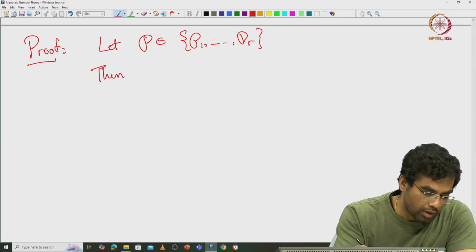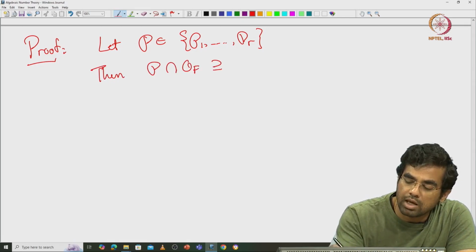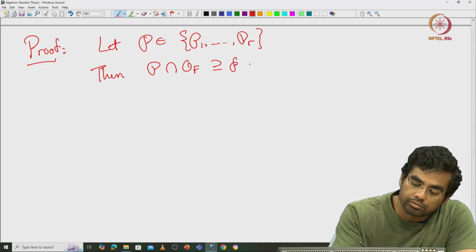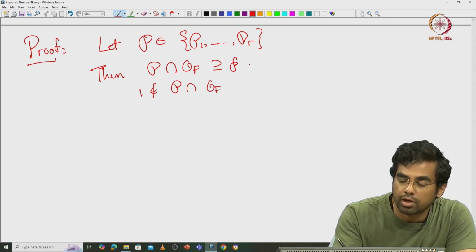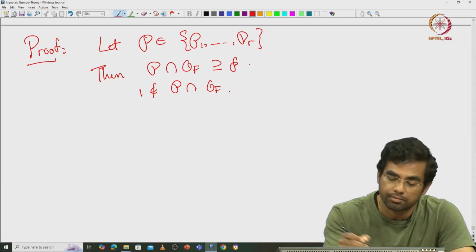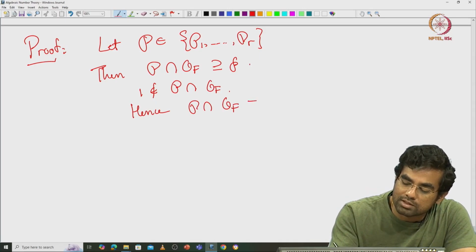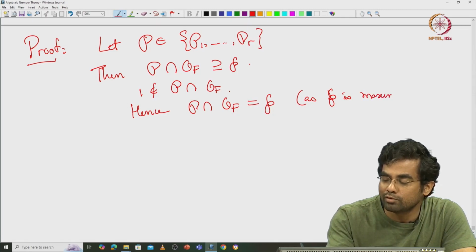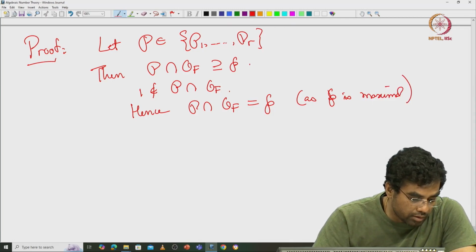Then P intersected with OF contains P, right, and 1 does not belong to P intersected with OF because 1 does not lie in P. Hence, P intersected with OF is equal to P, as P is maximal. So, I have proven part of your exercise for you.